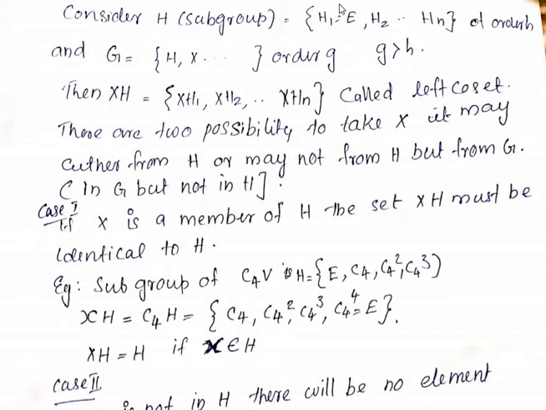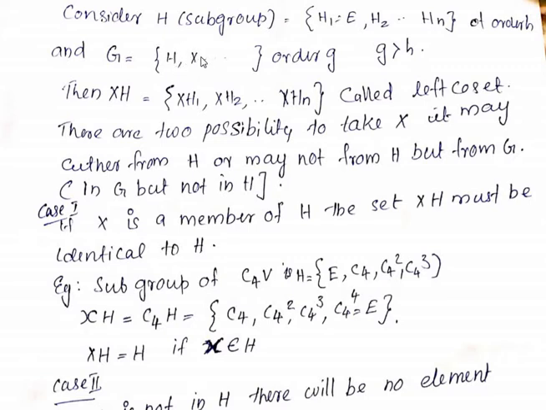So what is the left coset? When we multiply the elements of h with x on the left side, you will get the left coset. Now we are checking the possibility of taking x. Suppose x can be taken from h. X is an arbitrary element. We can take x from h, or x can be taken from G but not in h.